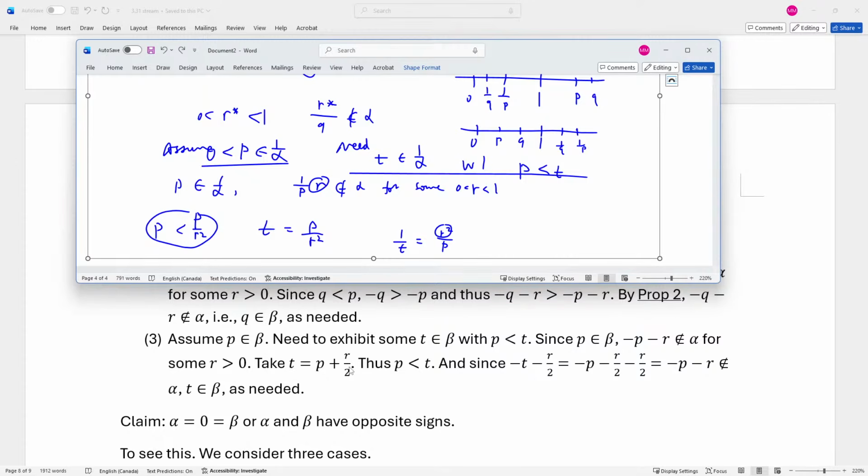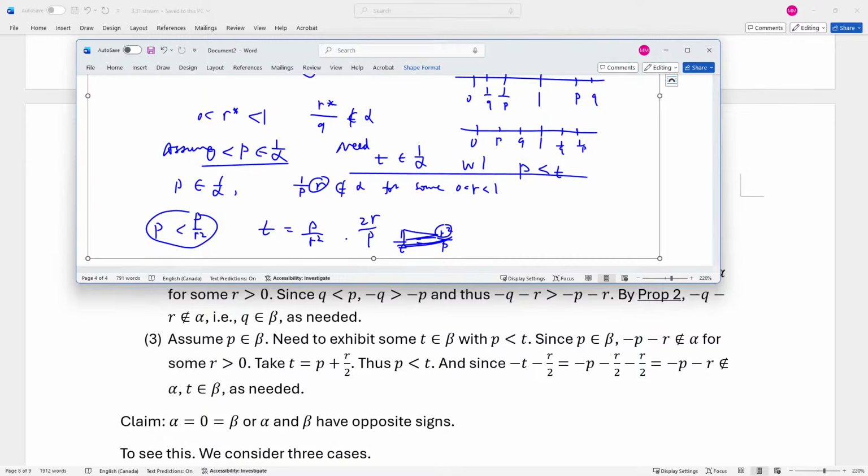What's the multiplicative counterpart of p plus r? YouTube deletes my message. Sorry. R over 2. Yeah. Well, what about r over 2? Here we have, you want 2r over p, right?